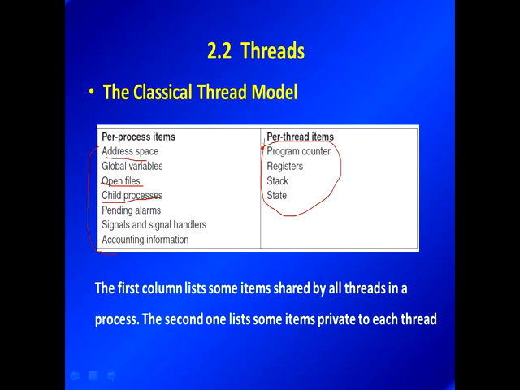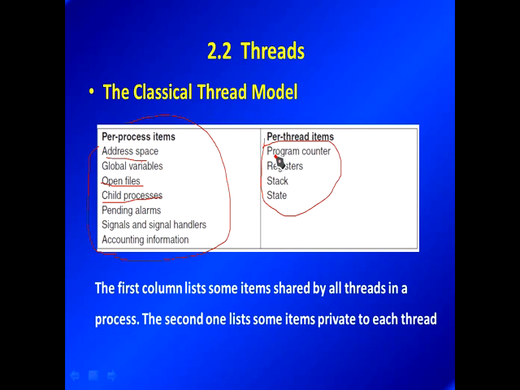It means all the threads have the same information on the left column, but they have different information on the right column. You can see, because the threads have different instructions, different code to be put into the CPU to execute, each has to record its own program counter number.